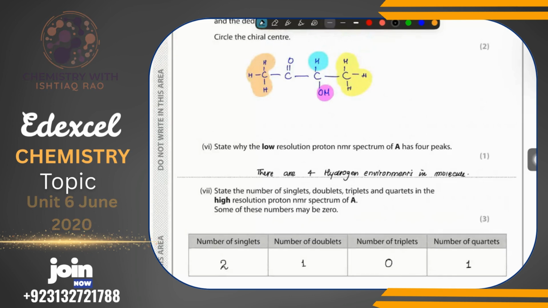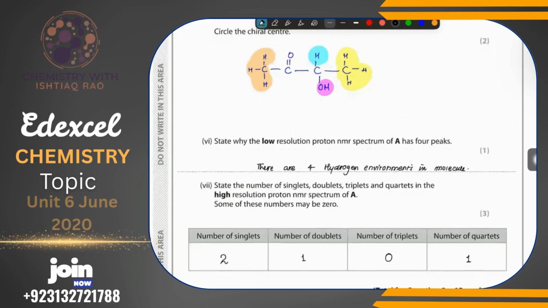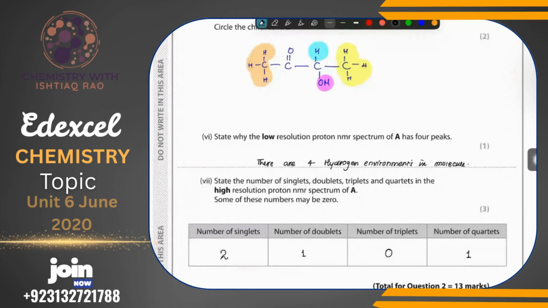Yeah, one quartet. So two singlets, one quartet, zero triplets, and one doublet.